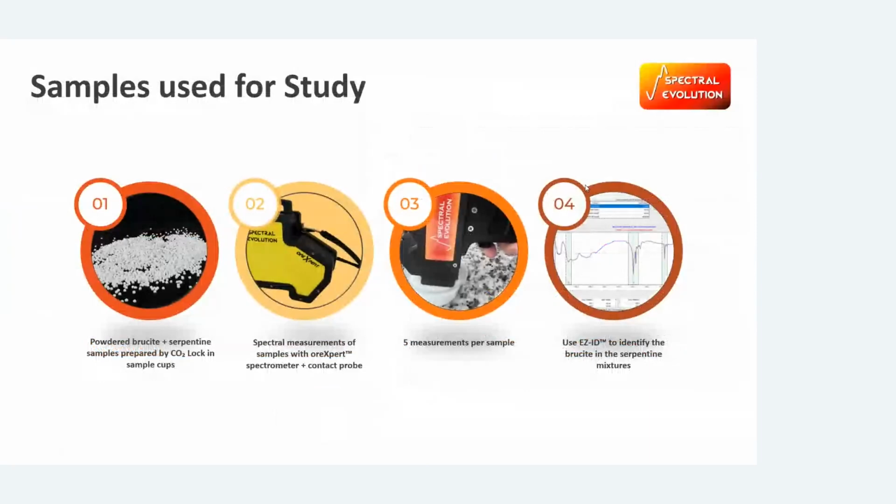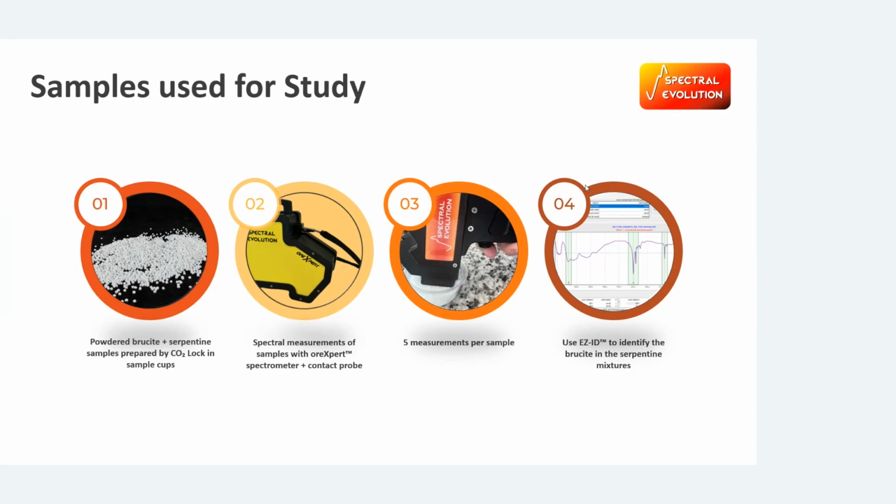All right, so let's actually talk about those samples. Again, the company CO2 Lock, based out of Vancouver, sent us these powdered mixture samples. Our goal with this was to take measurements with the ORExpert and identify the brucite within these mixtures.